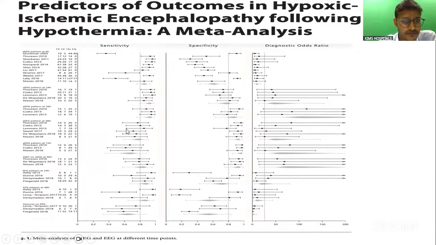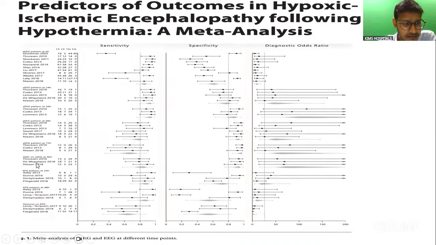So for the initial 6 hours, the diagnostic odds ratio was slightly less for detecting poor neurodevelopmental outcome. But after 6 hours, especially between 24 and 36 hours, the diagnostic odds were really good to predict the poor neurodevelopmental outcome compared to 72 hours and 48 hours.